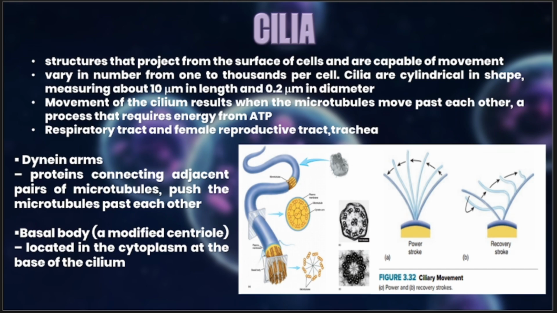We also have your basal body, or the modified centriole. The modified centriole is located in the cytoplasm at the base of the cilium or flagellum, and your basal body acts as an anchoring structure. It will organize the microtubules that extend into the cilium or flagellum.